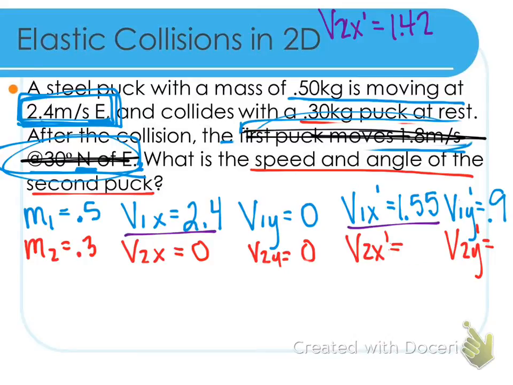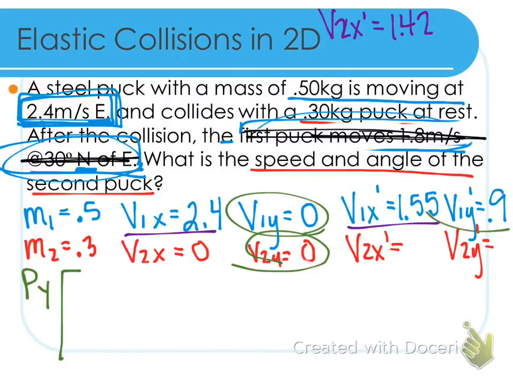Okay, so now v2y prime, we're going to solve for momentum in the y direction. So I would say py, and I would look at this one, and this one. So m1 times v1 plus m2 times v2y.